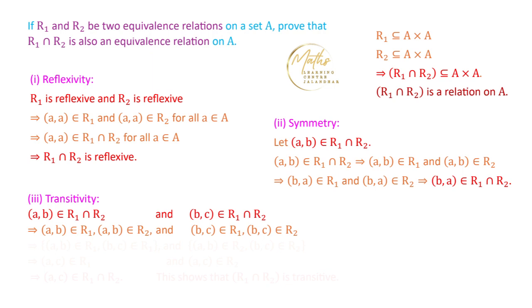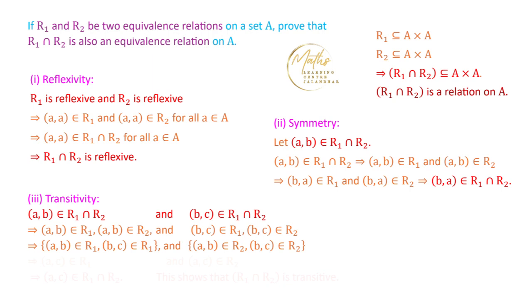Now both these relations R1 and R2 are equivalence relations. We have (a, b) belongs to R1 and (b, c) belongs to R1, and we have (a, b) belongs to R2 and (b, c) belongs to R2.